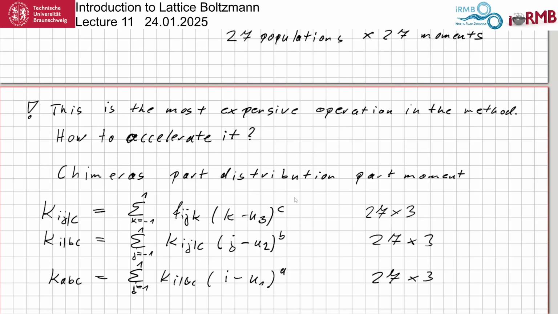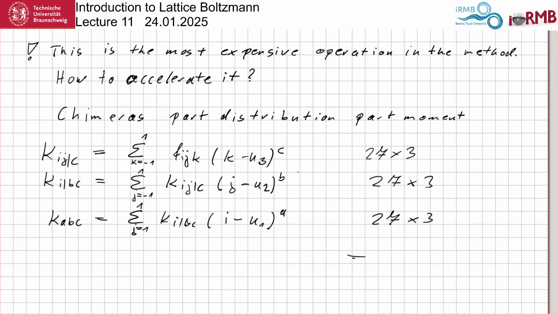Now, looking naively at this, you would say it is 3 times faster, you have 3 times fewer terms to compute. Because previously it was 27 times 27, and now you have 3 times 3 times 27, so you have 9 times 27.